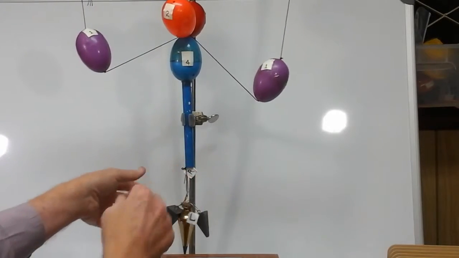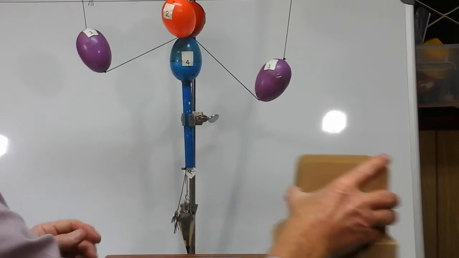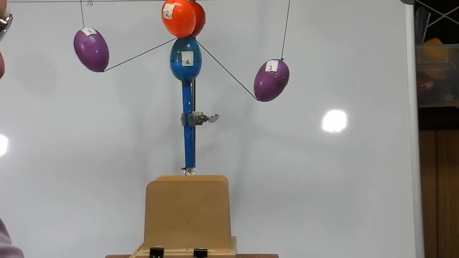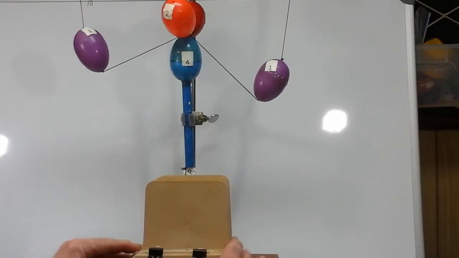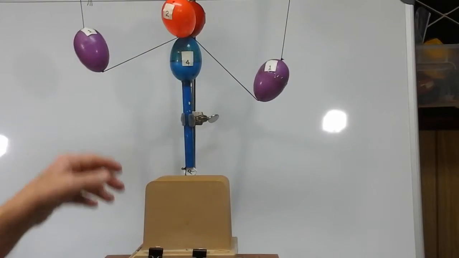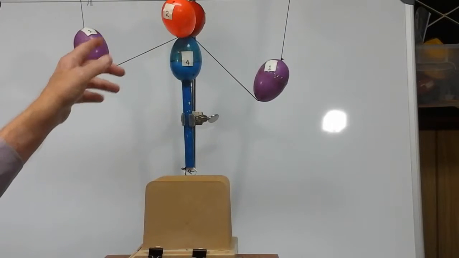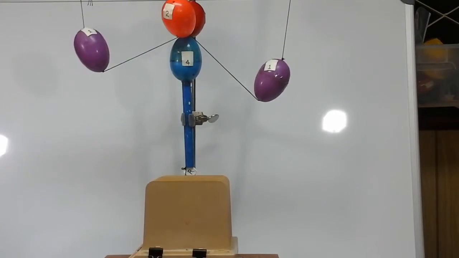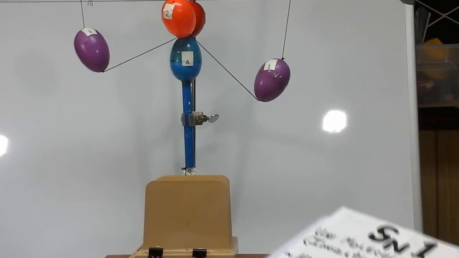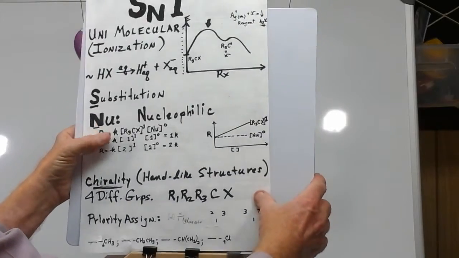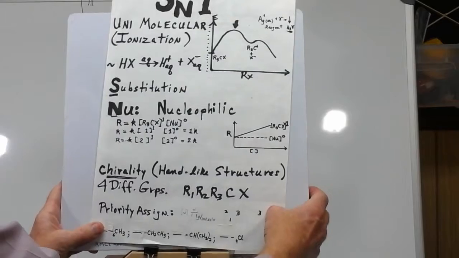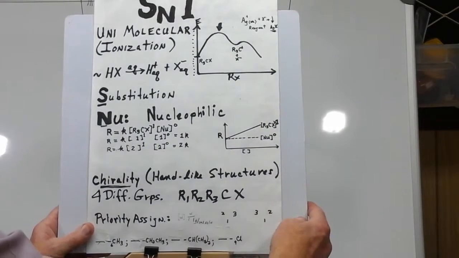A distinct ionization is going to occur, and now the groups can exist in the solution, but sooner or later, if you have enough of these, say if you boil the solvent off or whatever, they're going to come together. But you're going to get a 50-50 distribution, whereas the SN2 reaction is bimolecular. You're going to get the inversion of configuration.